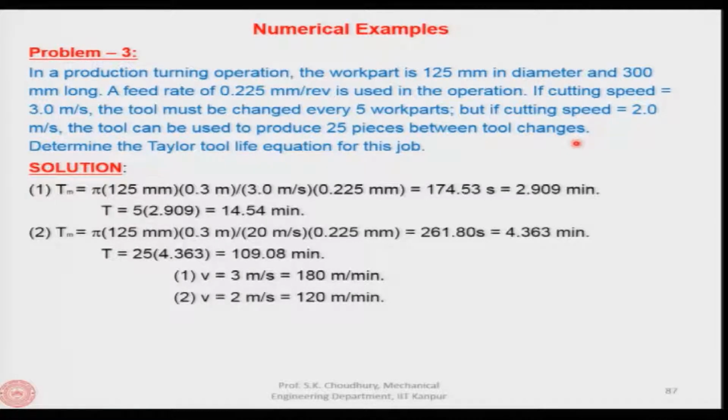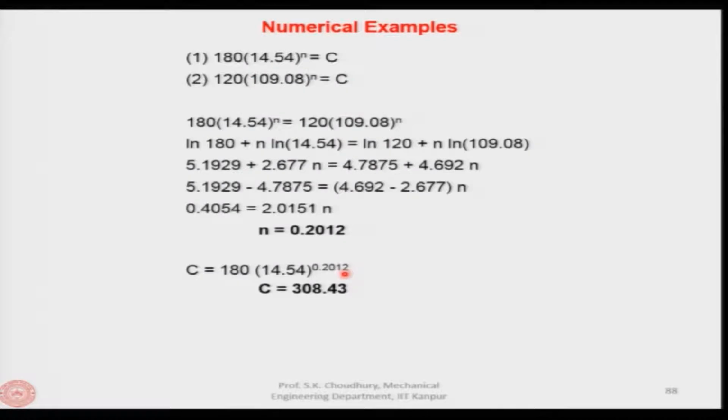So, you have to find the machining time Tm here, converting that into minutes, and then for the second case you also find the T. Now, V is given, convert it to meter per minute, because as I said V has to be in meter per minute, and then you put it in the Taylor's tool life equation with V and T known.